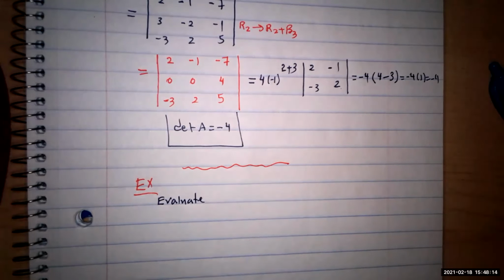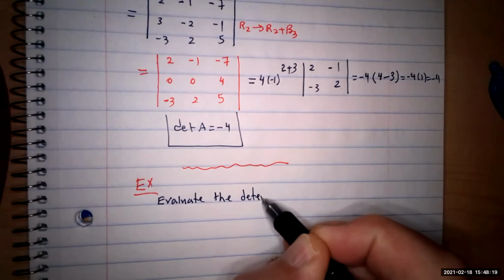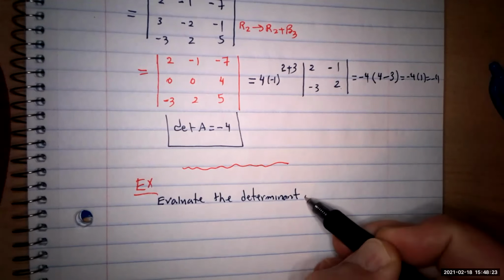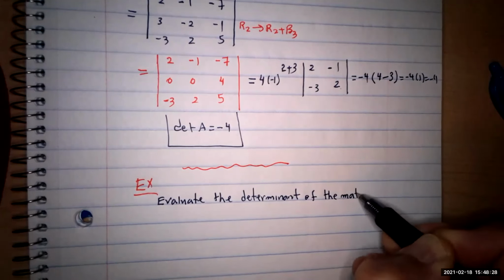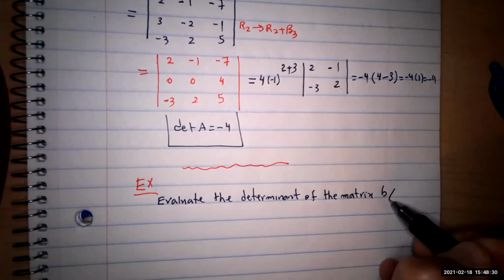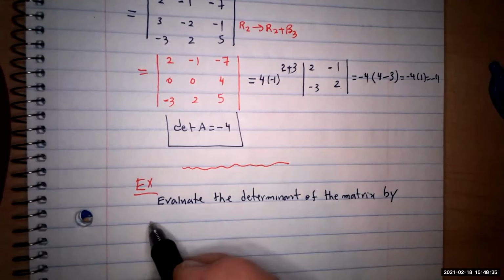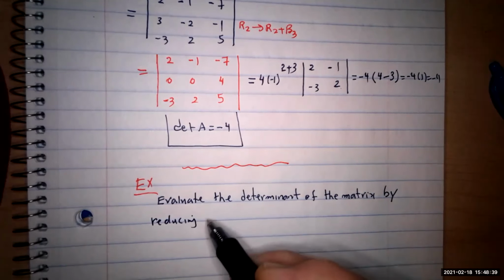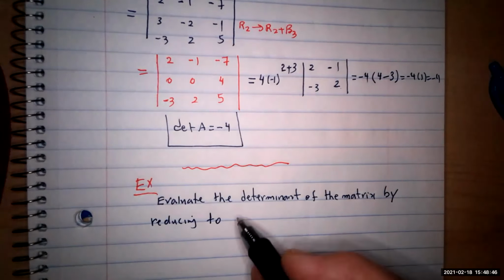We want to evaluate the determinant of the given matrix by reducing into the row echelon form.